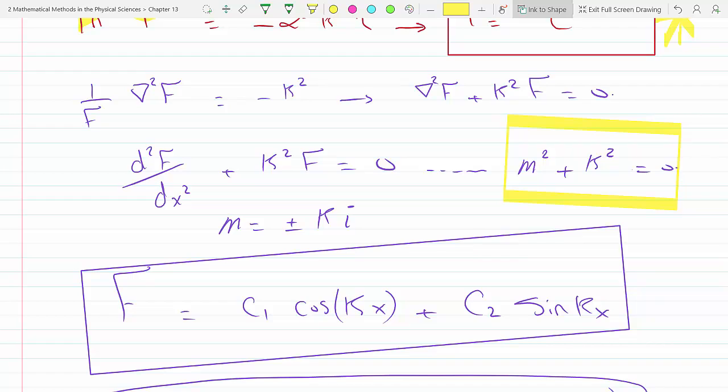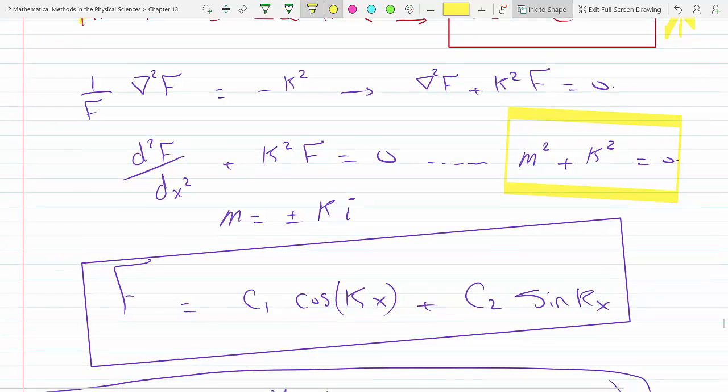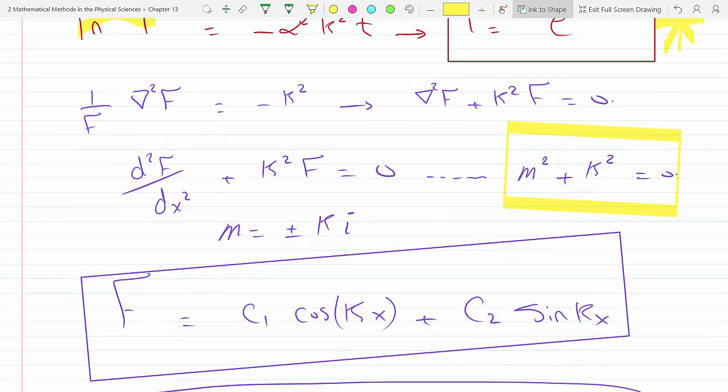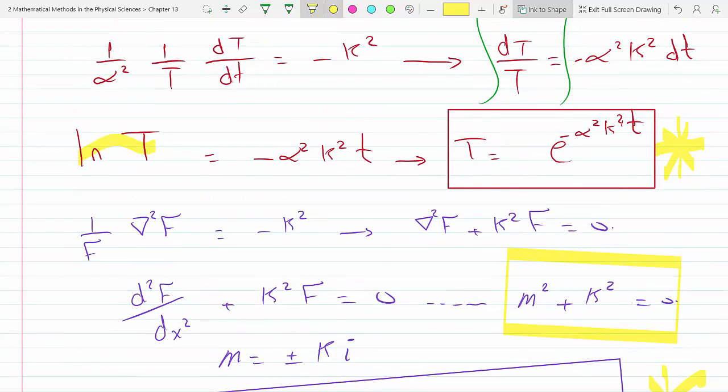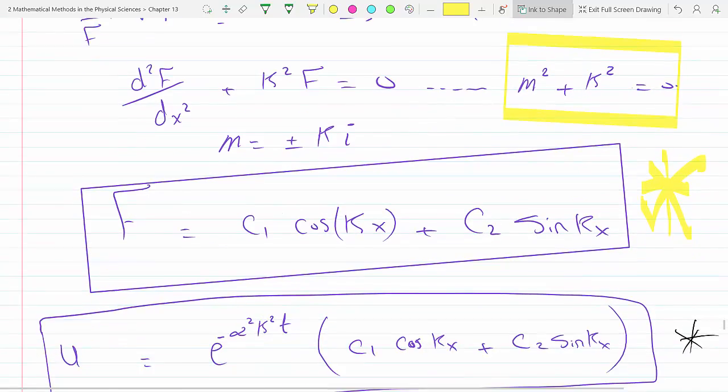So f would be c1 cosine kx plus c2 sine kx, because the k multiplies the x in the assumed solution. Okay, so we got f, and again, we don't have k yet. So this is solving the left part of the differential equation, and this T here is solving the right part.